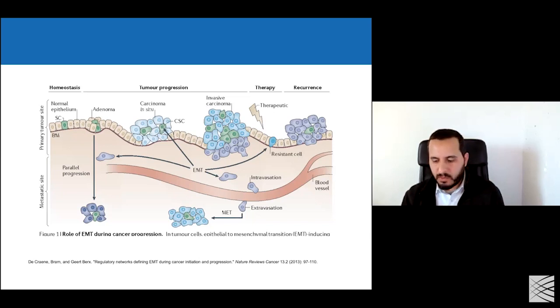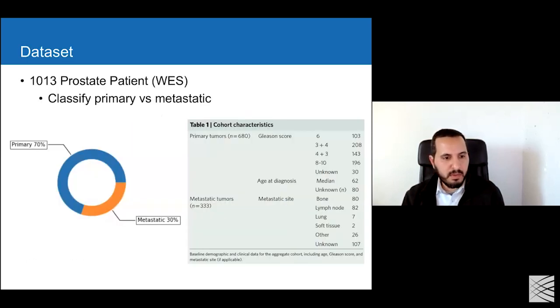So we used the data that we put out for the community and ran a secondary analysis on the same data that we published before, using our PNet model. And this data is for more than 1,000 patients. For some of them, the sample was taken from the primary site, and for the others, the sample was taken from the metastatic location.